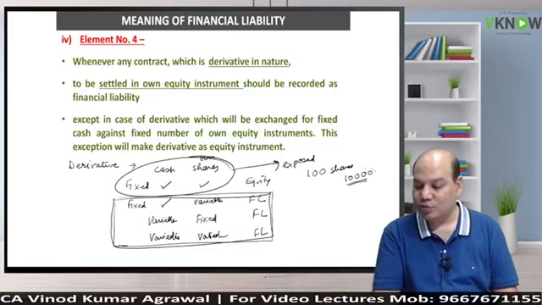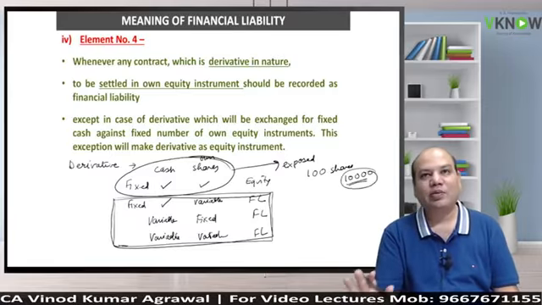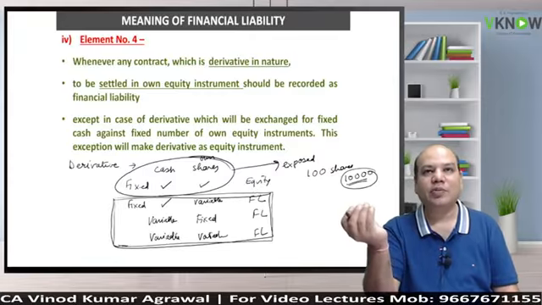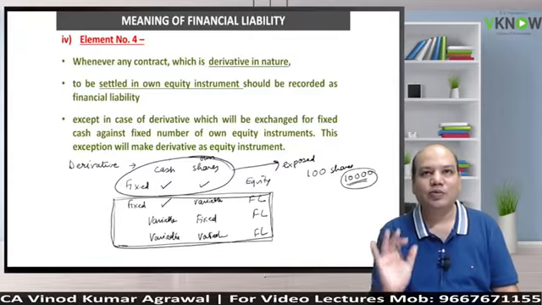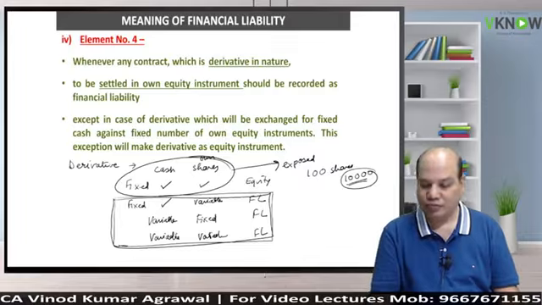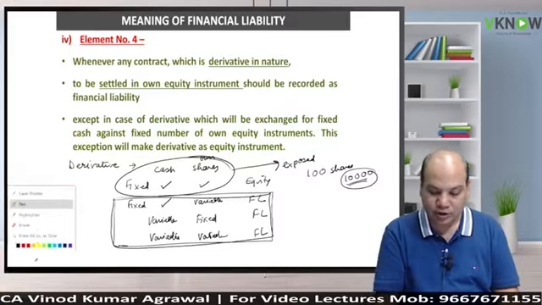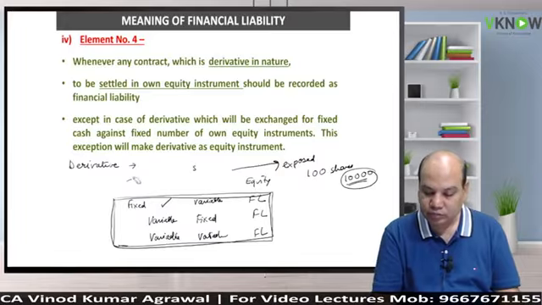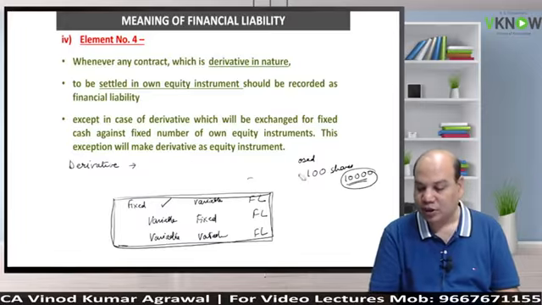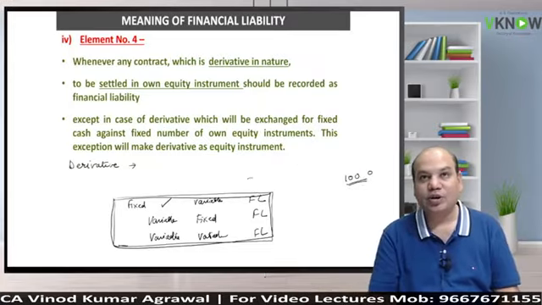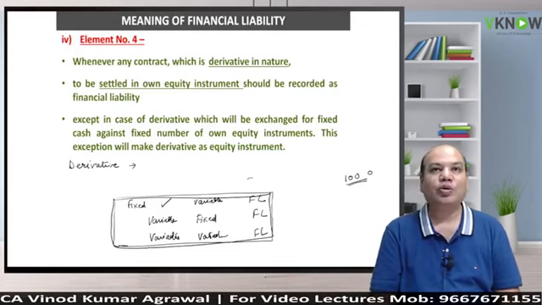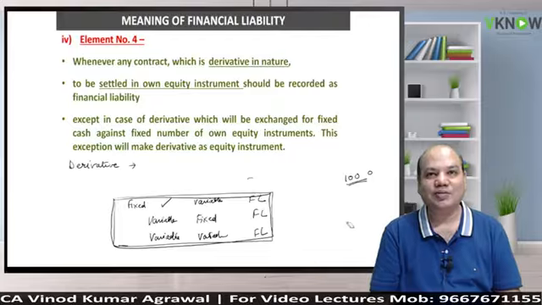Suppose you pay me 10,000 and I say I will give you 100 shares only after 3 months. After 3 months the price can be 5 rupees only. 100 into 5, you will suffer the loss. So therefore the fixed for fixed test means this exposes the counterparty, the other party to the contract, to a degree of risk which is usually borne by the equity owners.